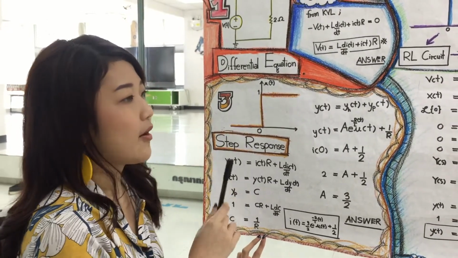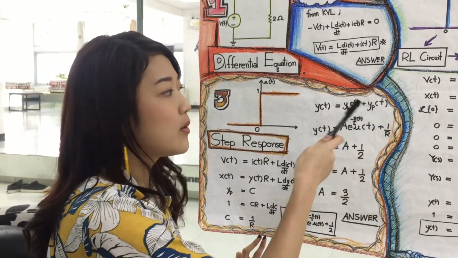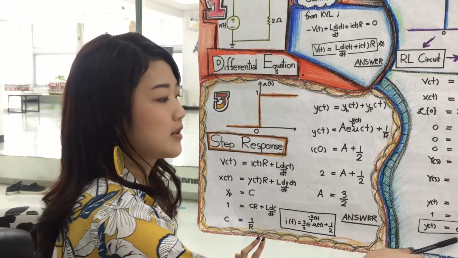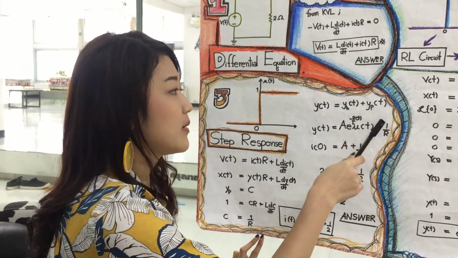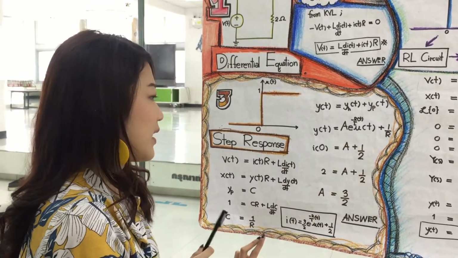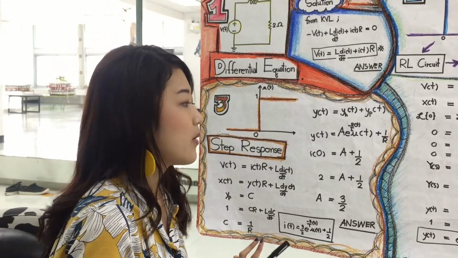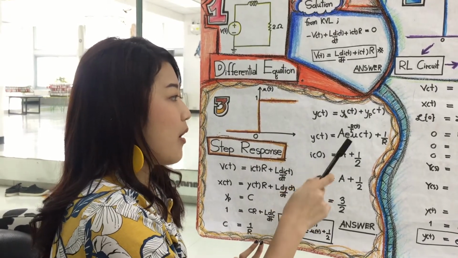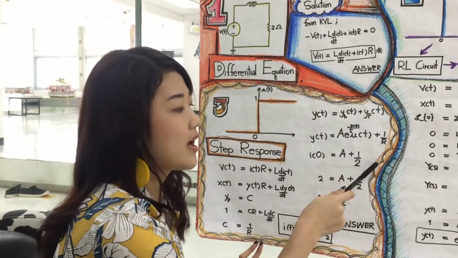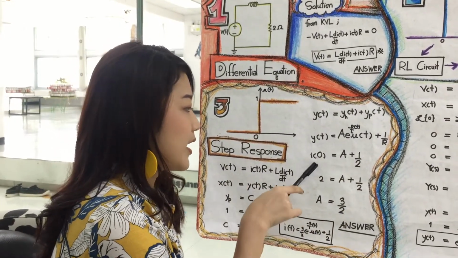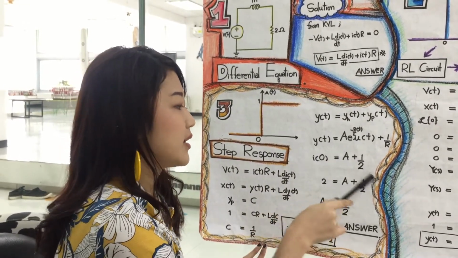Next, from the theorem, y total equals y homogeneous plus y particular. Y homogeneous we got from this equation from the impulse response equation, and yp, or y particular, from this equation. When the time is equal to 0, we substitute t equal to 0 in this function, so we will get this line, and when i equals 0, it will be equal to 2 from the equations, and we got this equation.